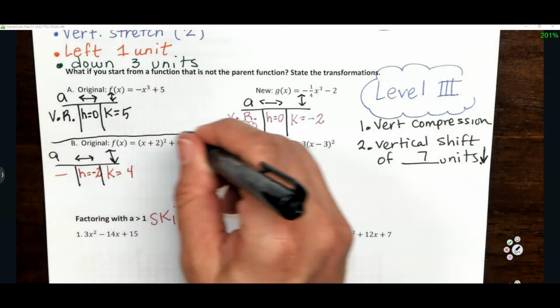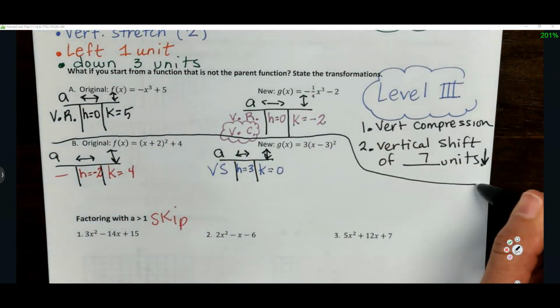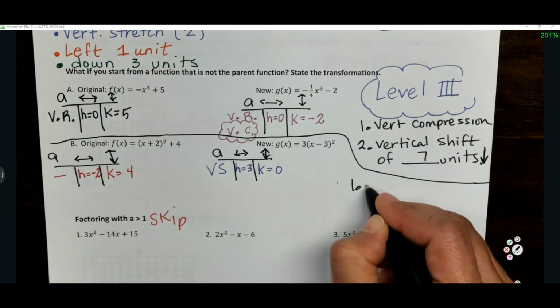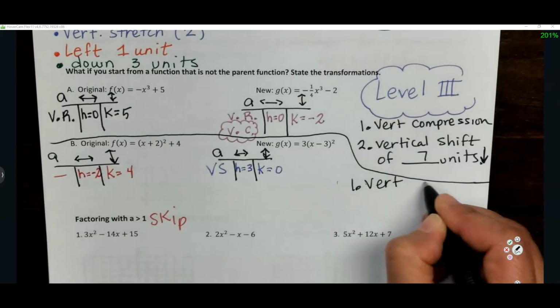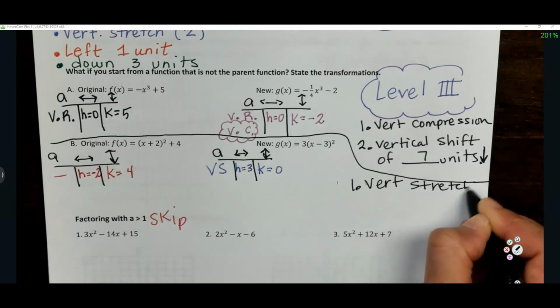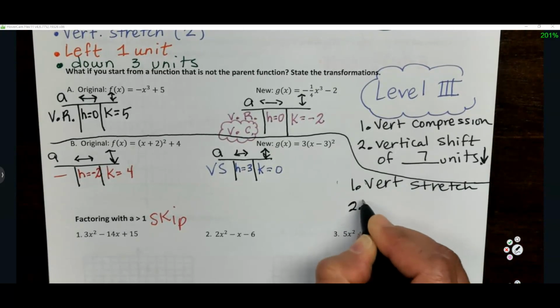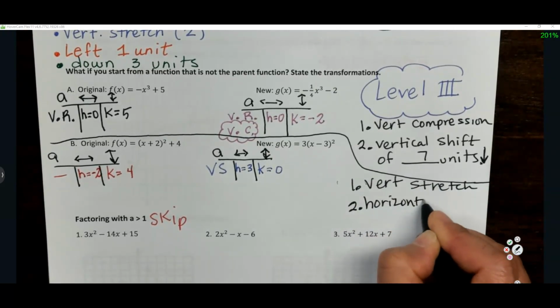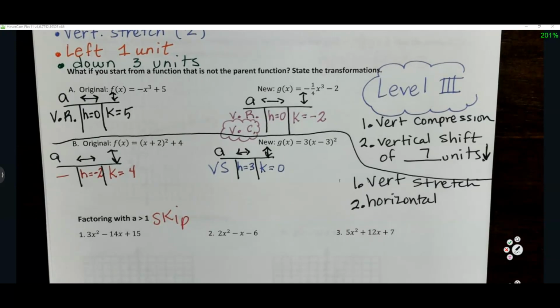Okay. So for this right here, you are going to have a first transformation, vertical stretch. Second transformation, horizontal. Y'all, you were at a -2 and you went to the +3. How many places is that? 5.